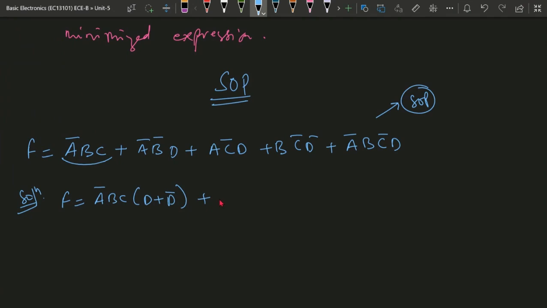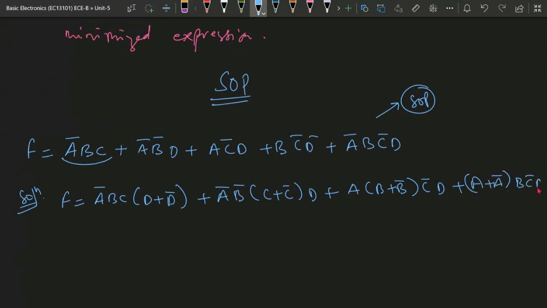Here C is missing, so it will be A bar B bar C plus C bar D. Here B is missing, so it will be A B plus B bar C bar D. Here A is missing, so A plus A bar B C bar D bar, plus A bar B C bar D. Here four variables are there, so no need to change.